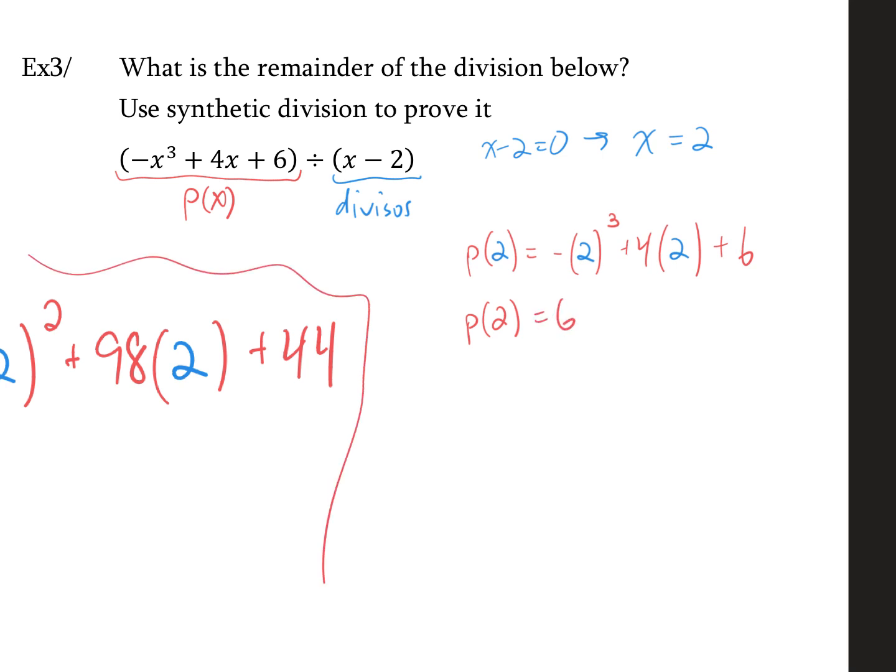So this will not be a divisor, but let's just use synthetic division really quickly to see if this is what actually happens here. So let's say x equals 2. Let's do negative 1, suspiciously spaced 4, and a 6.